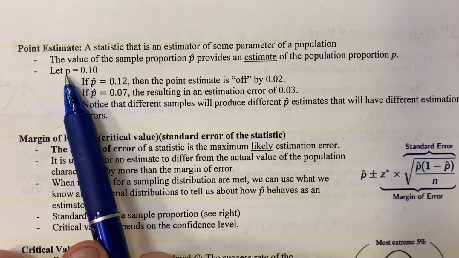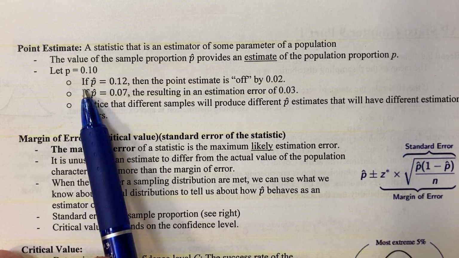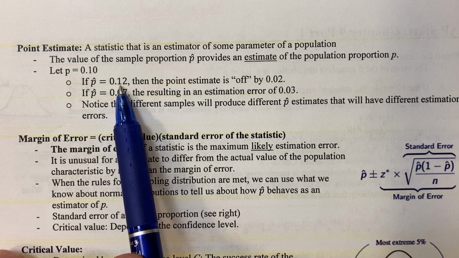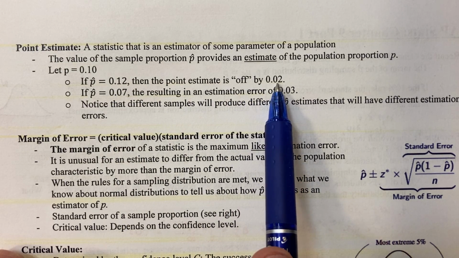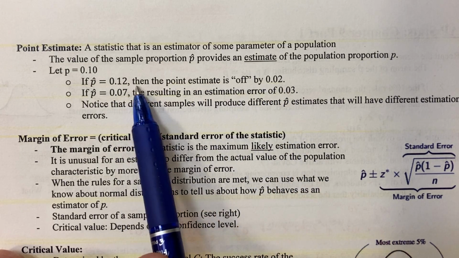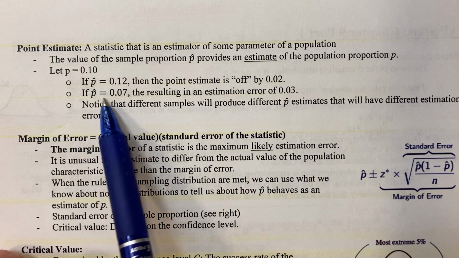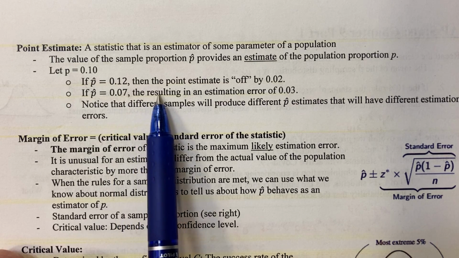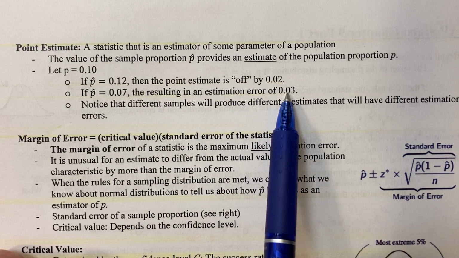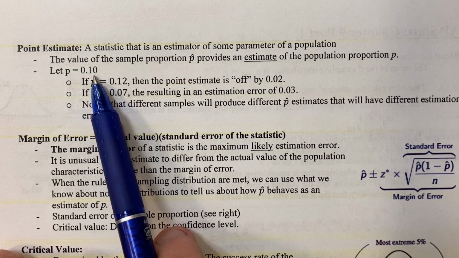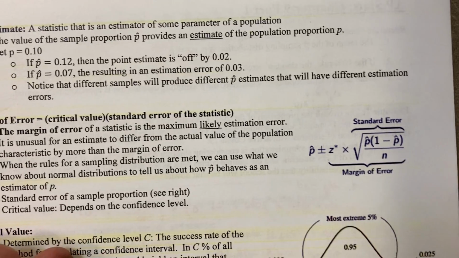So suppose that the true proportion is 0.10. If our sample comes back as 0.12, then it's off by 0.02. That's the error of that sample. If it comes back as 0.07, then the resulting estimation error is 0.03, because we're comparing to 0.10.